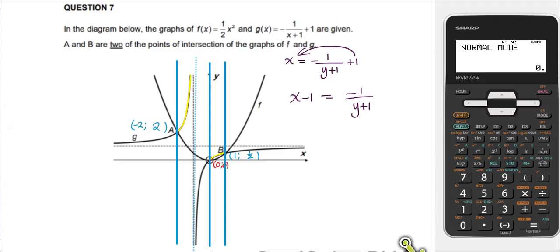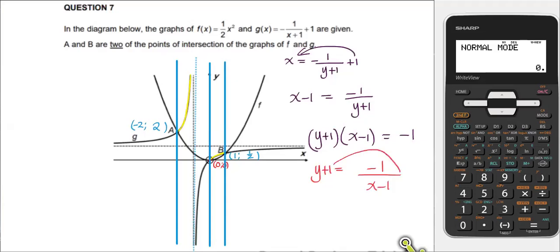In my case, I'm going to write it as y plus 1 in the bracket. No need to multiply out because I can now divide by this to get rid of it. So I've got y plus 1 equals to -1 all over x minus 1.